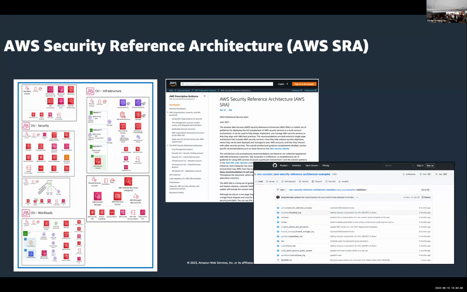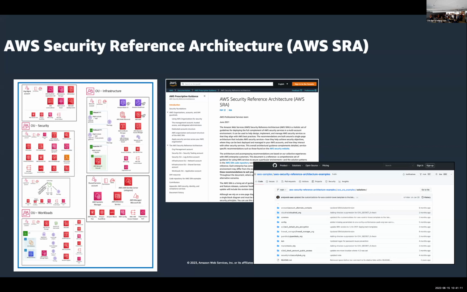These recommendations are built around the single-page architecture that you can see on the left side here, which includes different accounts and different OUs with many security services running within them, elaborating where exactly you should be deploying these different security services, how they would interact together, and more importantly, how it can help you achieve your security objectives.